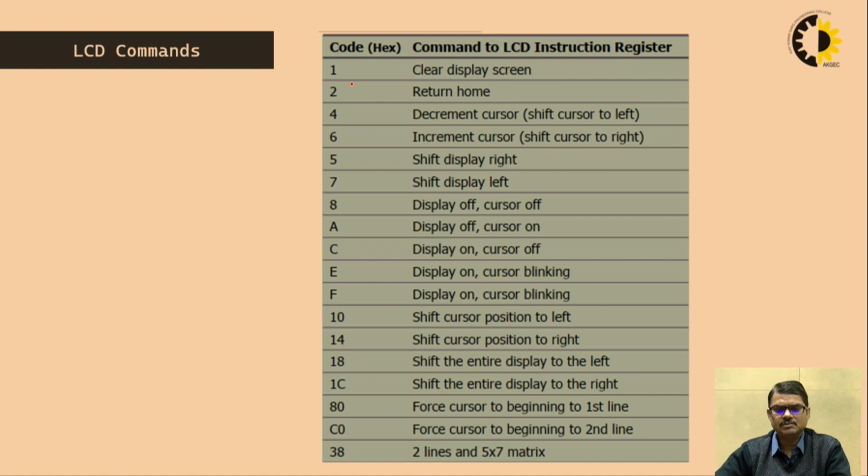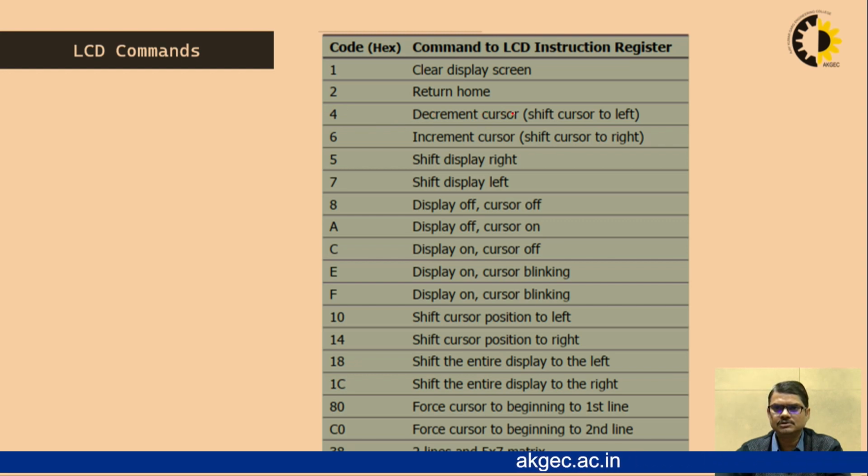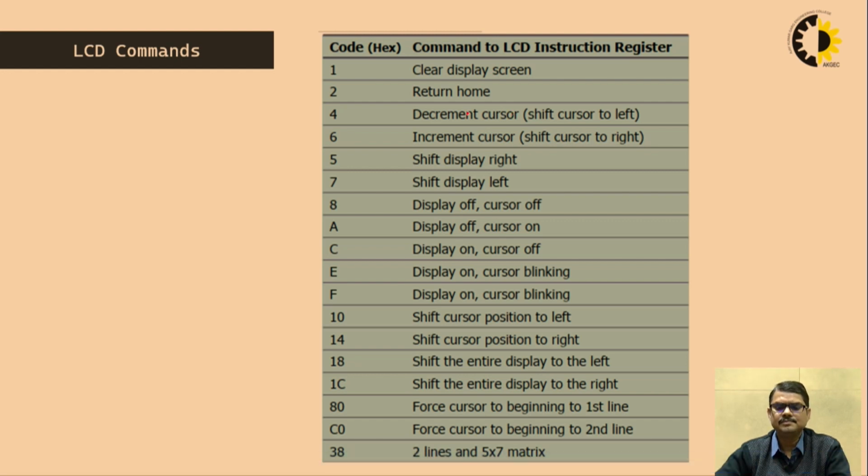If we are sending command 02H, that means we want our cursor to return home. If we are sending 04H, that means we are decrementing the cursor, like we want our cursor to shift left by one position, and 06H is for incrementing the cursor, like shifting the cursor one position right.